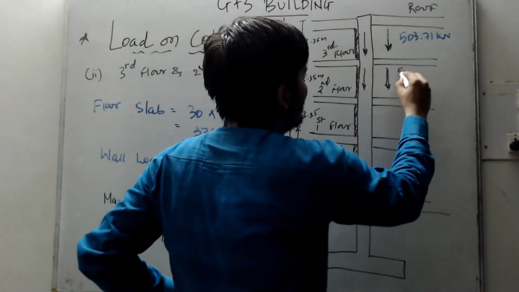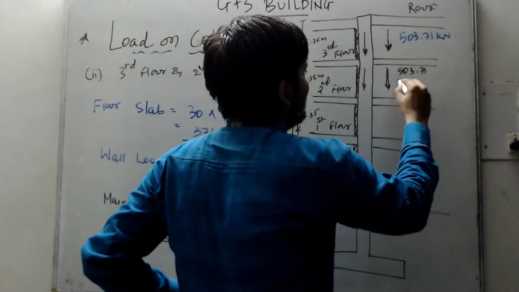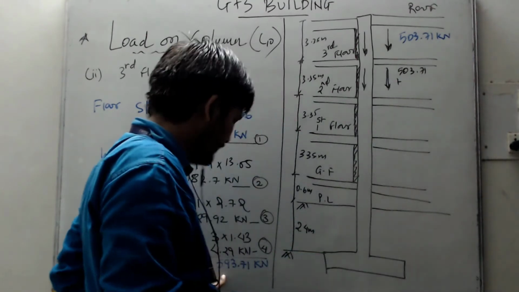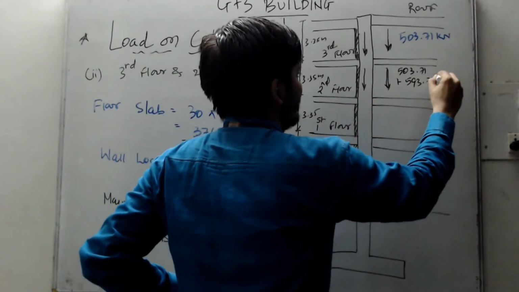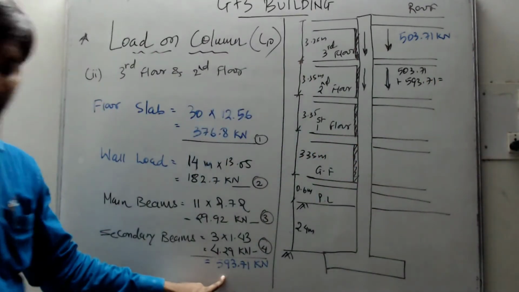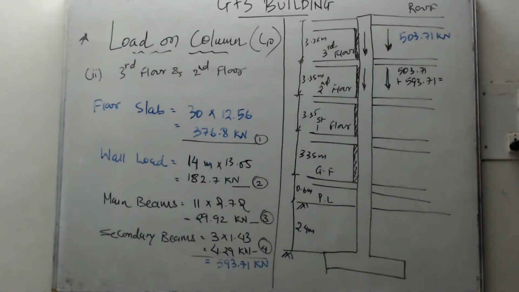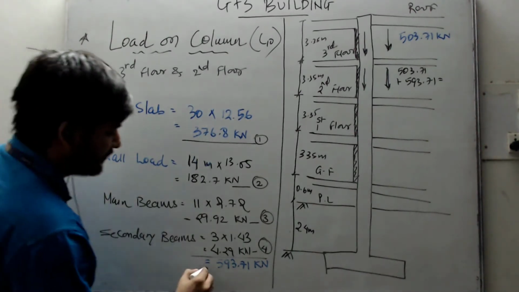So here if I want to calculate 503.71 plus for the current floor, that is 593.71, this will give me the total load here, right? So I need to add the previous upper floor load, that is 503.71.